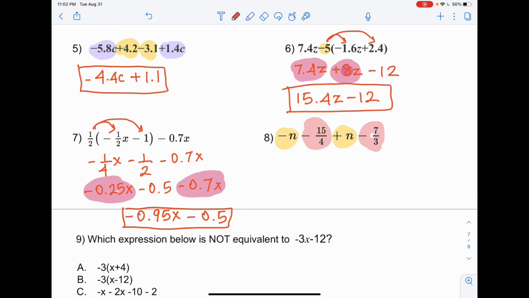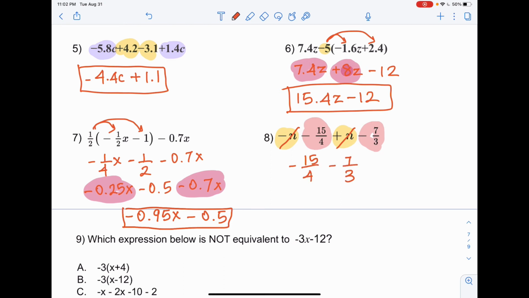So let's start with n's, because negative n means negative 1n, and positive n means positive 1n. When you add them, it is going to be 0, so they will cancel each other. That means these are gone. So what's left for us is negative 15 over 4 minus 7 over 3.